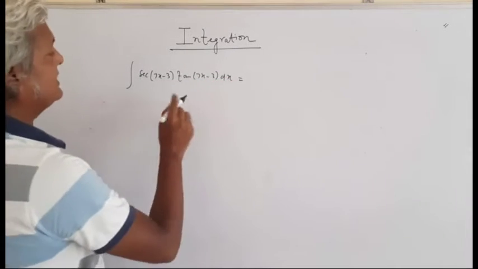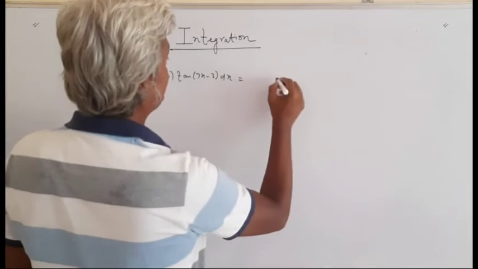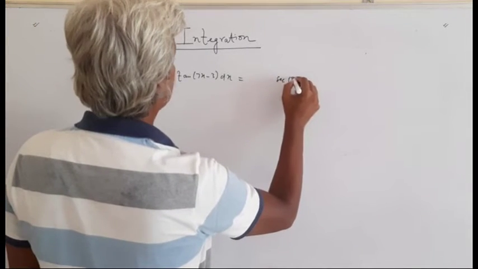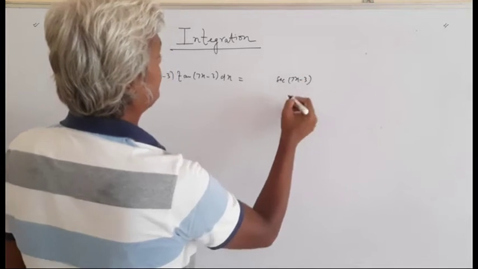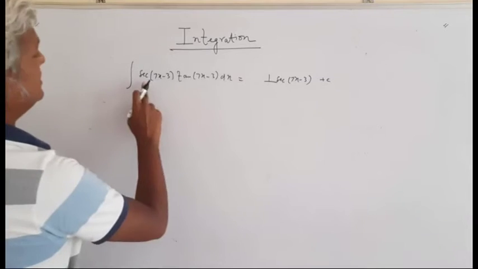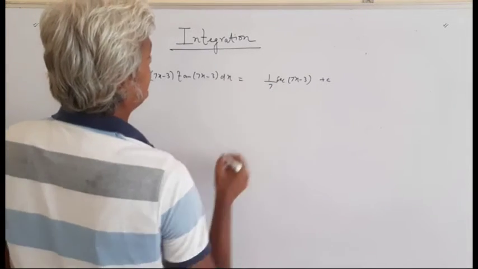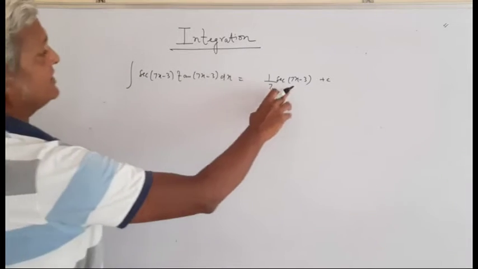We can write directly that integration of sec x tan x is sec x. So the integration of this will be sec 7x minus 3 plus c, and then you write 1 upon the differentiation of 7x minus 3, which is 7. Now how? Because here I have written it directly.